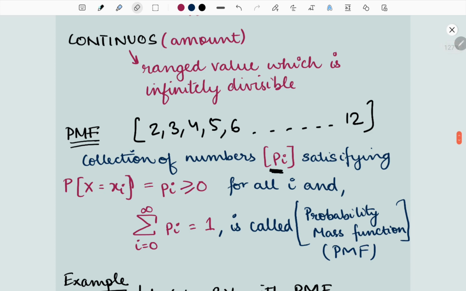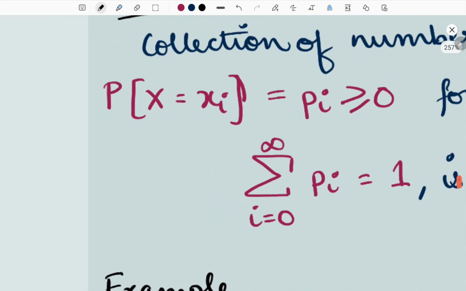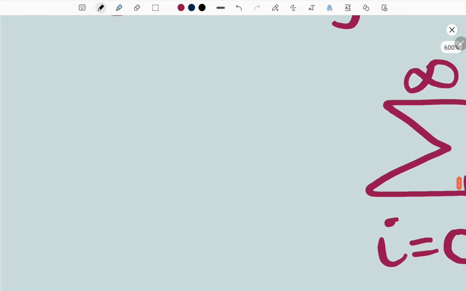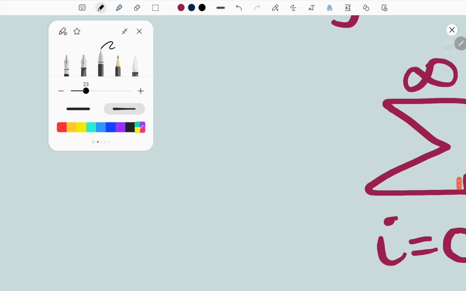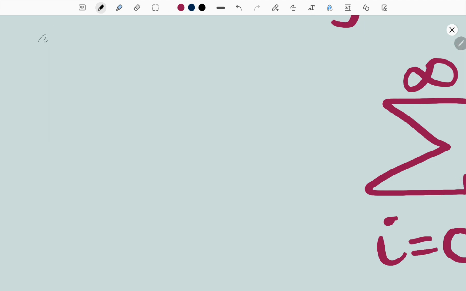So xi will take the values 2, 3, 4, 5, 6 up to 12. Here P(X = x2) will be 1 by 36, which is p1.